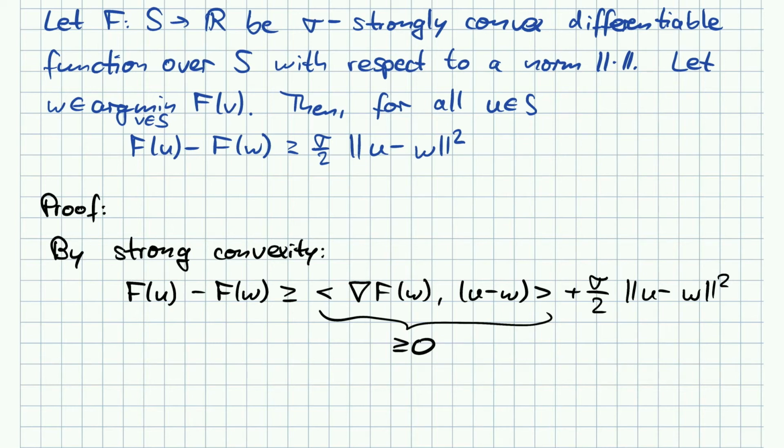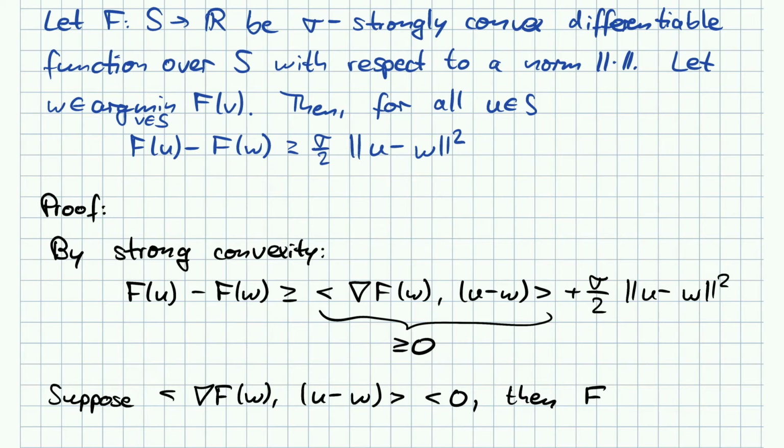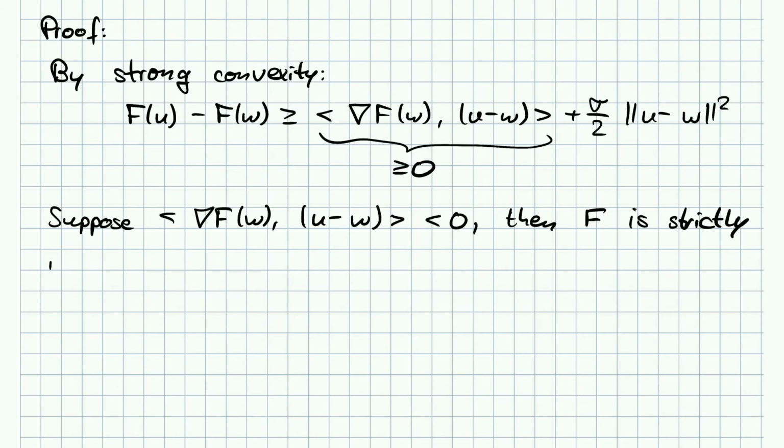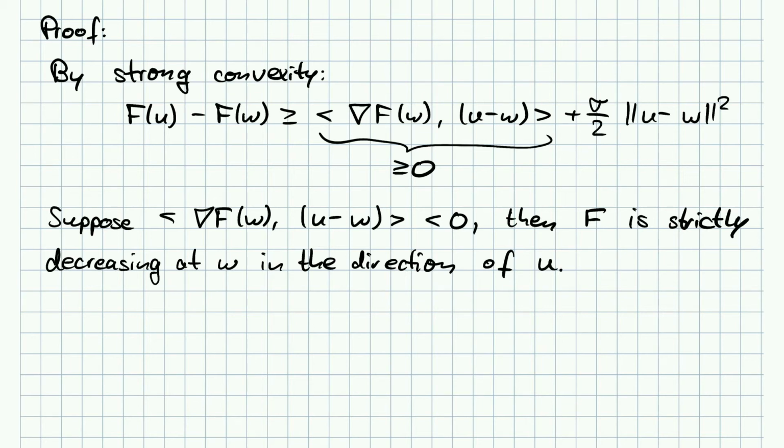But more generally speaking, if we suppose that the gradient at w times u minus w, this dot product, is smaller than 0, then f is strictly decreasing at the point w in the direction of u, which means that w would not be a local minimum.